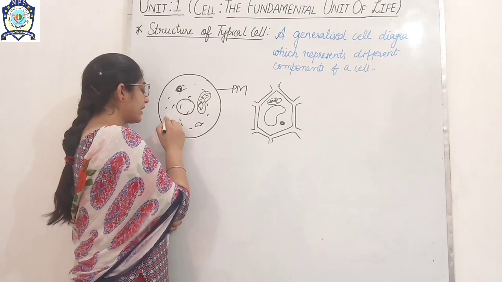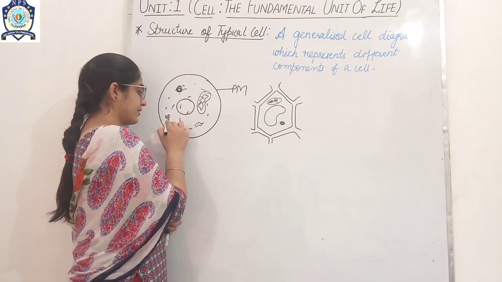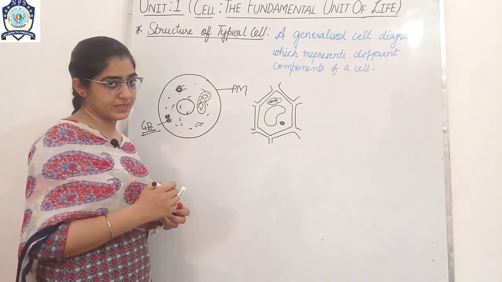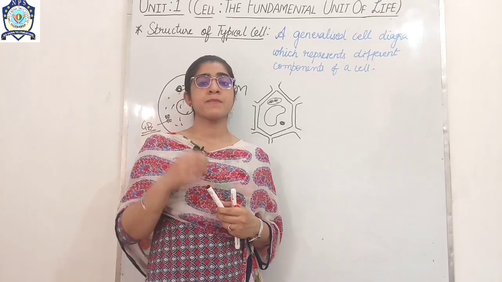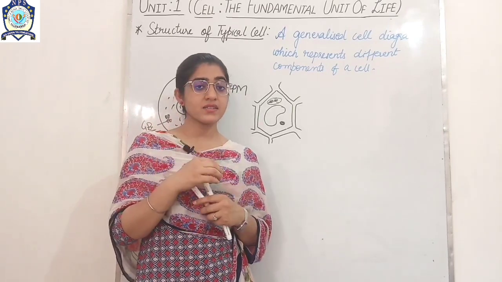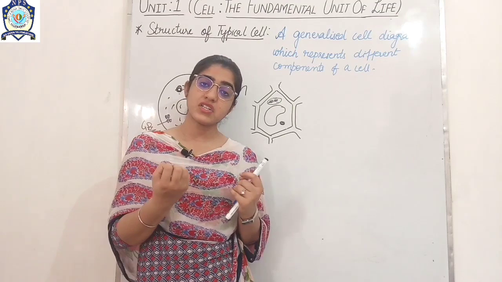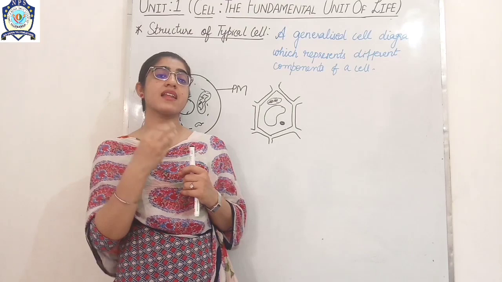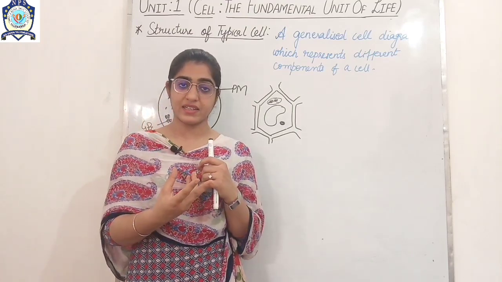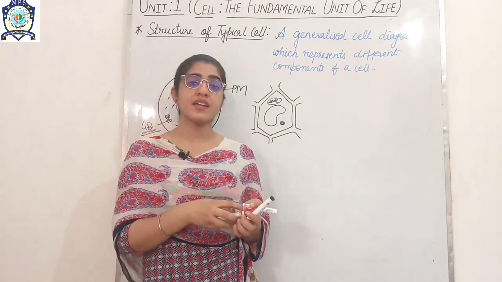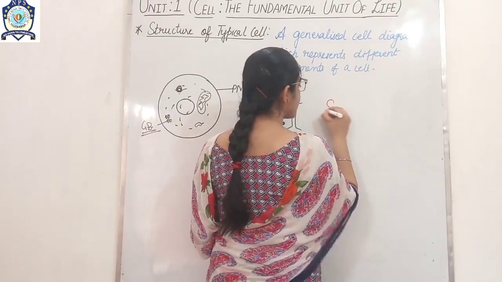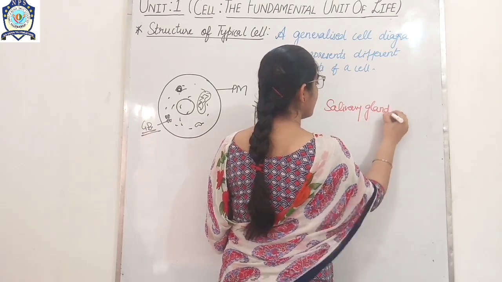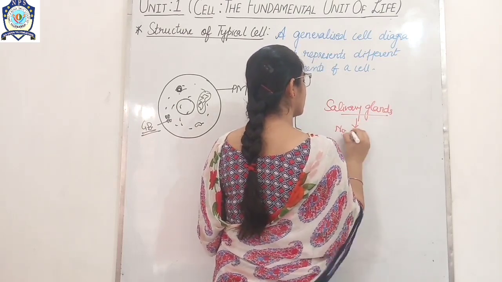And also you can see the Golgi bodies or Golgi apparatus in the case of the animal cell. And if we talk about glands, glands release their secretion. If we talk about the salivary gland, you must have studied in class 7 what the salivary gland does, it releases saliva. Now in the salivary glands there are a number of Golgi bodies.